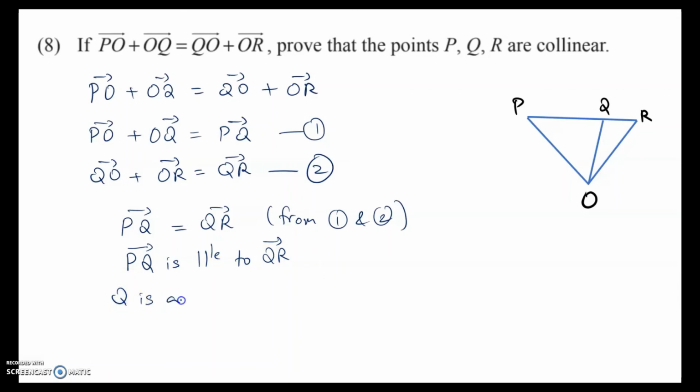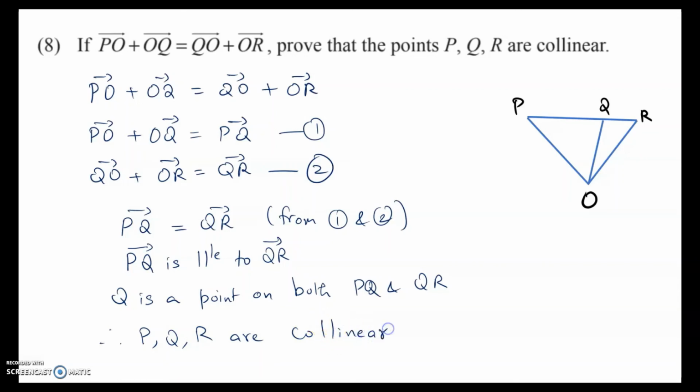Q is a point on both PQ and QR. Therefore, we can say that PQR are collinear. That was simple.